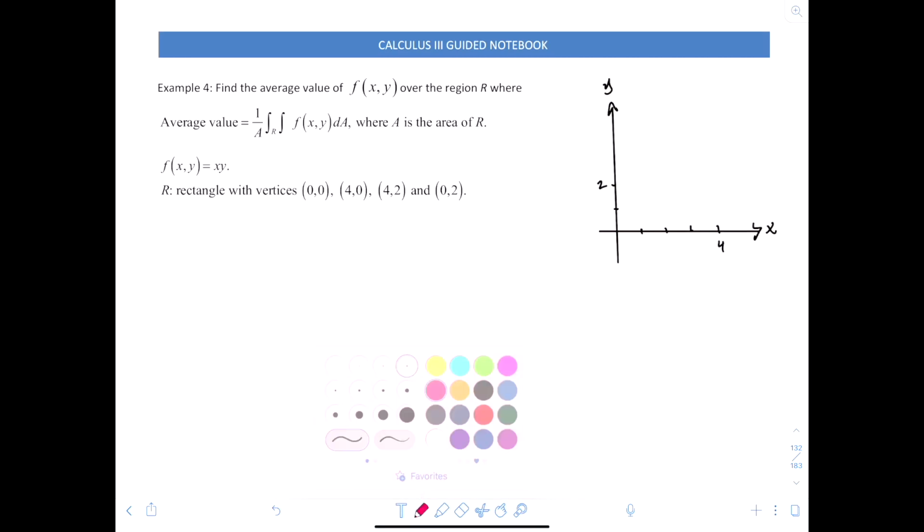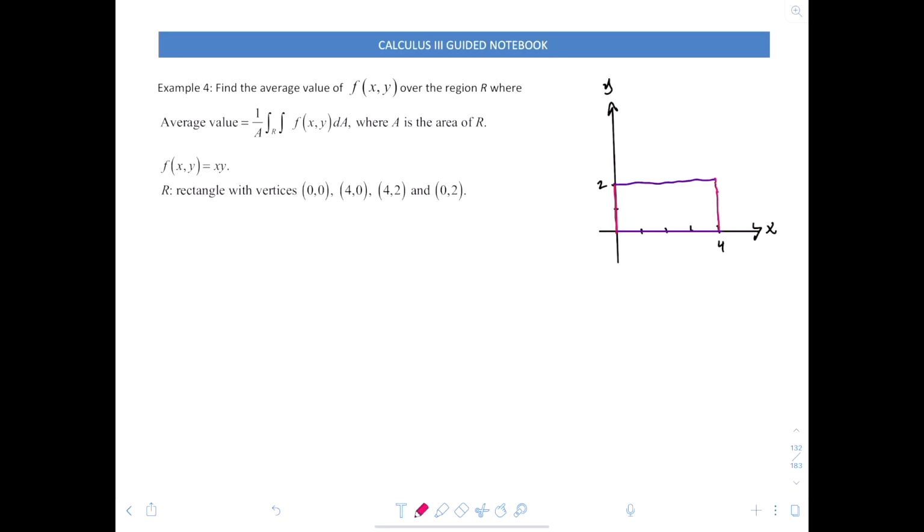So our x is 0 to x is 4. And then our y is going to be y is 0 to y is 2. Cool. And so this is our region. Okay, so here we go.